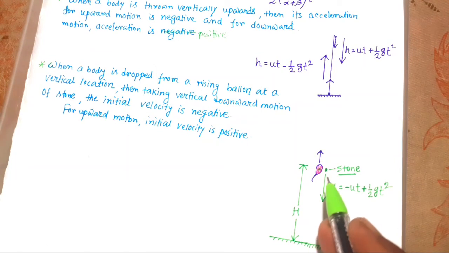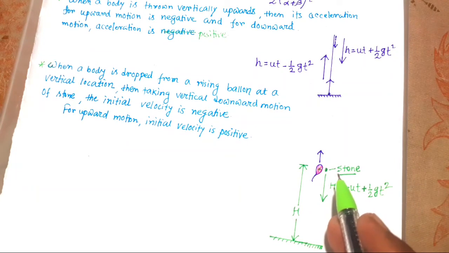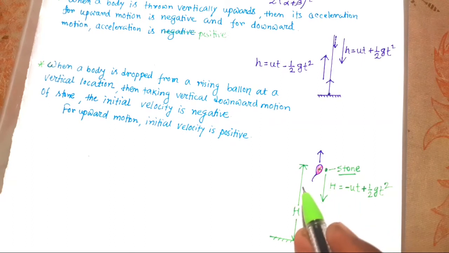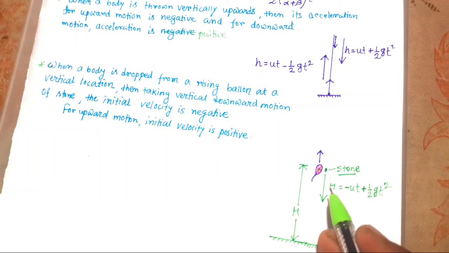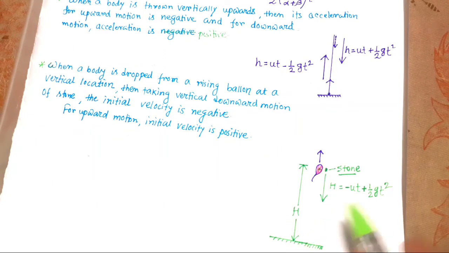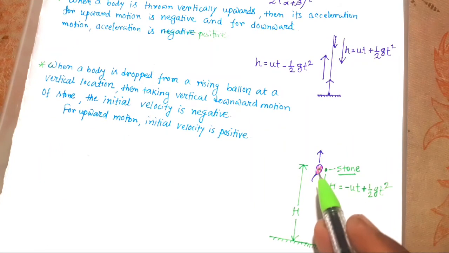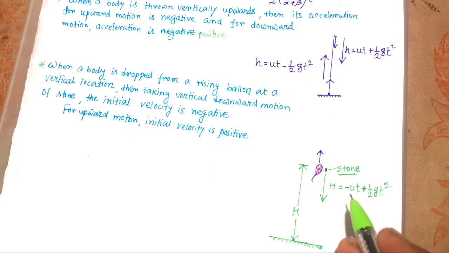and this is the vertical downward motion of the stone. So in this case, for the vertical downward motion of the stone, the equation will be capital H, that is the height from the ground, H equals minus ut, that is the initial velocity of the stone would be taken negative.